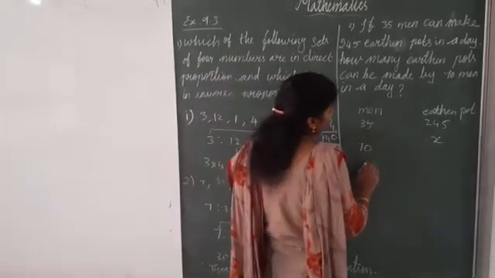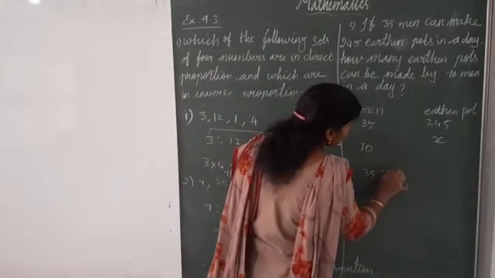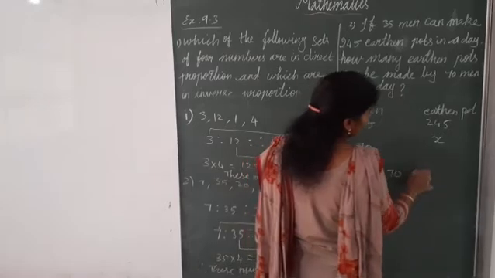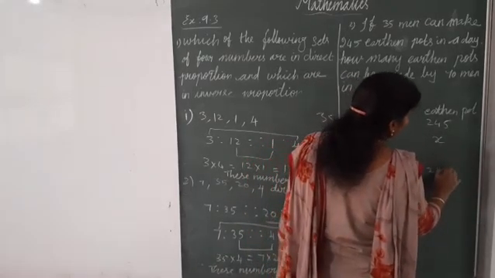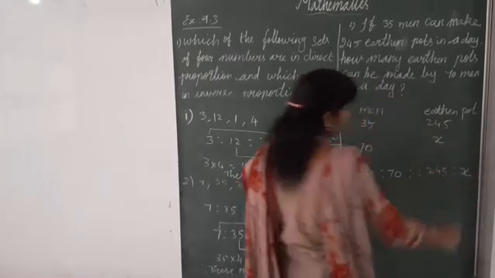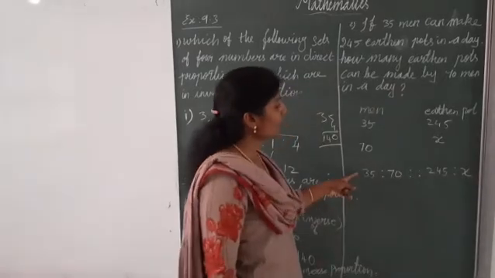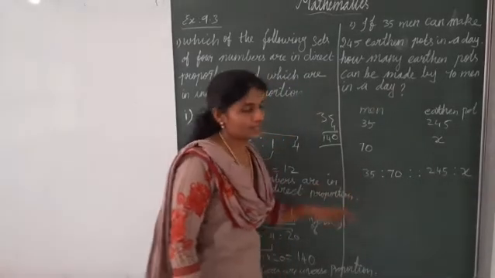Okay, now we can write 35 is to 70 as 245 is to x.